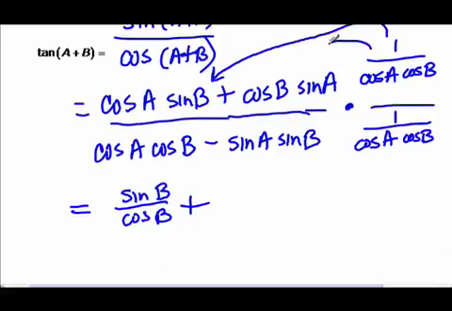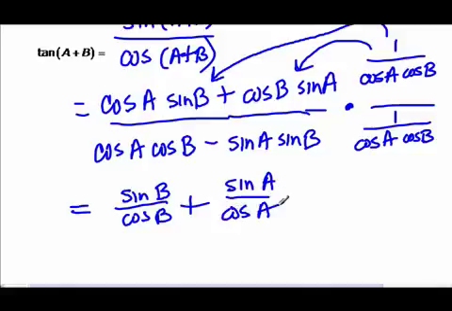Now we'll take that times the second term. Now my cosine B's cancel out, and I'm left with sine A over cosine A. So far, so good.